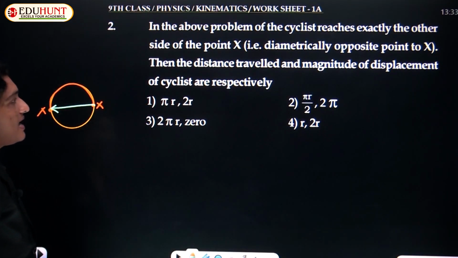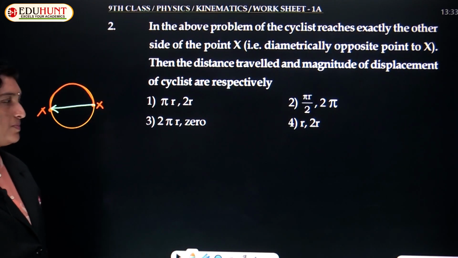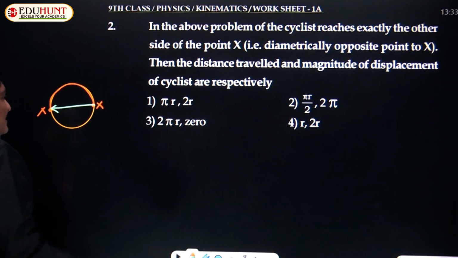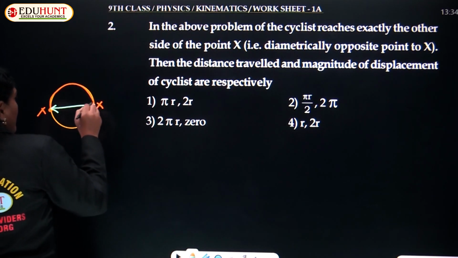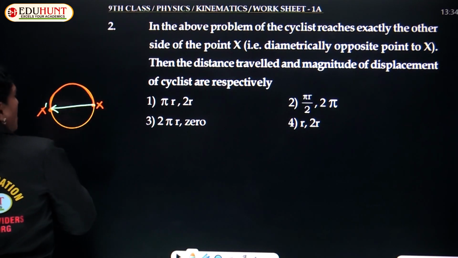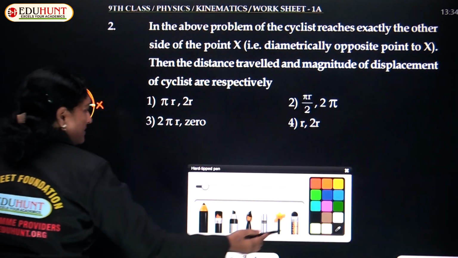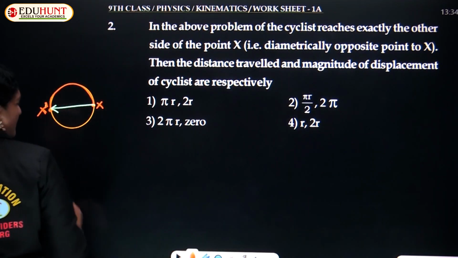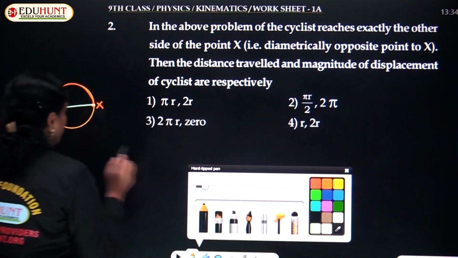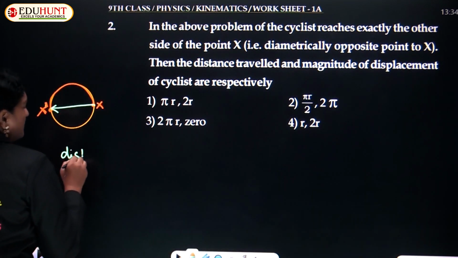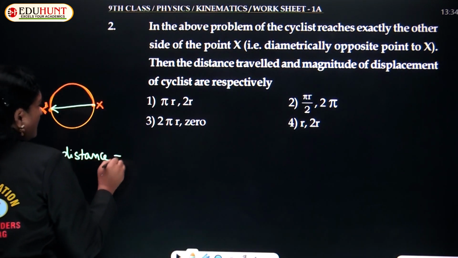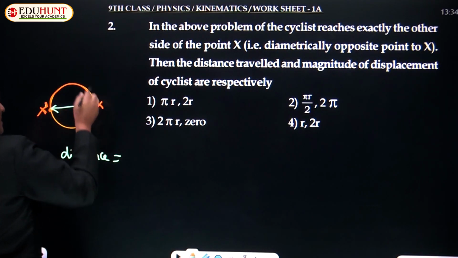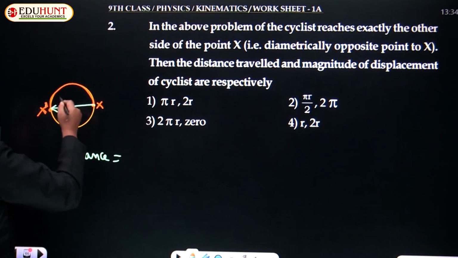Then the distance travelled and the magnitude of displacement of the cyclist are respectively. So no doubt, the distance travelled by the body is from this position to the opposite position, say X dash. So how much is the distance travelled, children? The distance covered by the body is from here to here. It's not a complete circle, it is half of the circle.